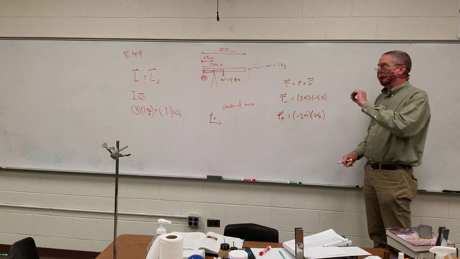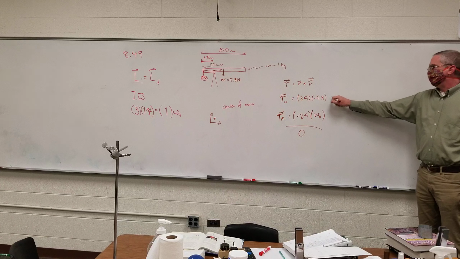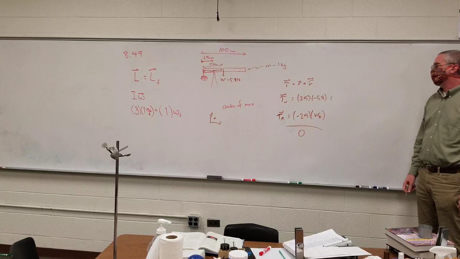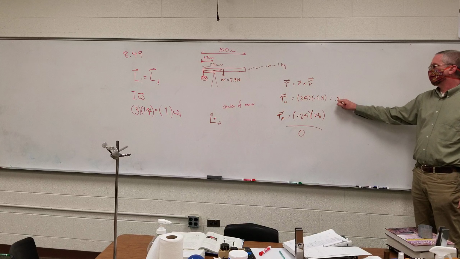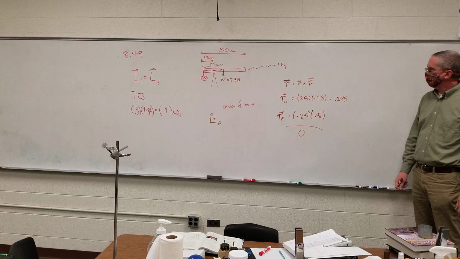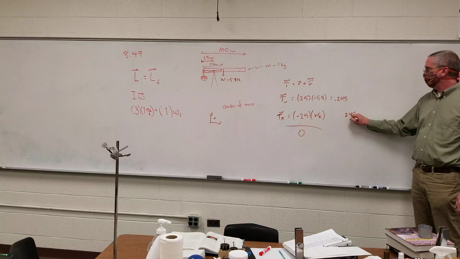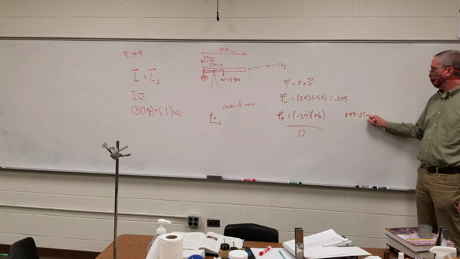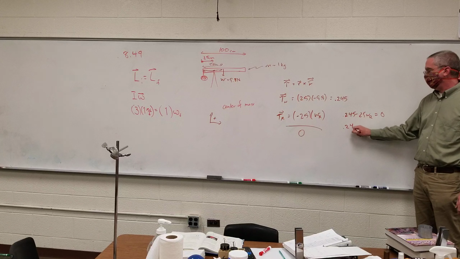And the total is 0. So that is 0.245. So 0.245 minus 25 weight of rock is equal to 0.